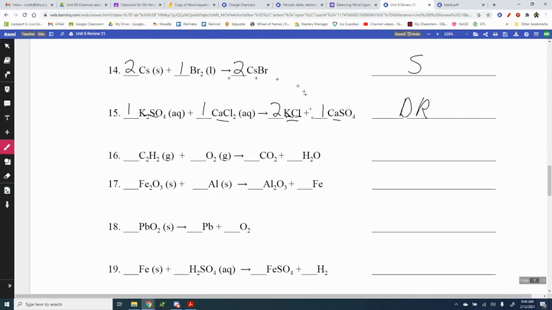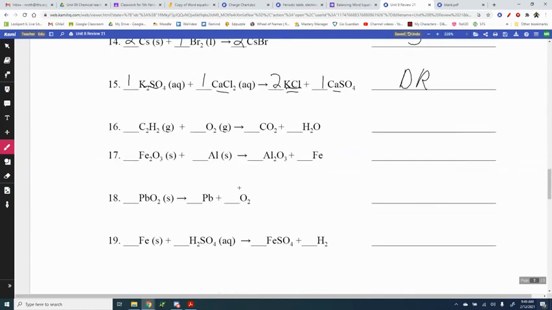Number 16 is very similar to number 13. Okay, we can balance our Cs first. 2. We can balance our Hs next, which the Hs are already balanced. Hooray. So now we have 4 oxygens and 1 oxygen, so 5 total. So we are going to double our initial amount of carbons so that way we can have 4 here and 2 here to balance out our carbons and our hydrogens.